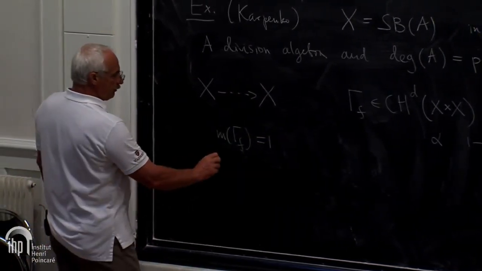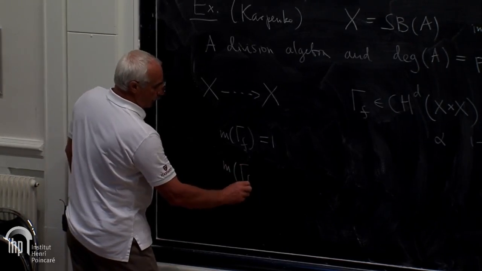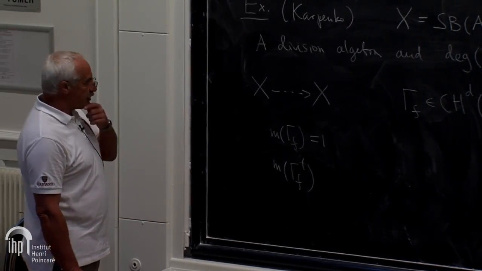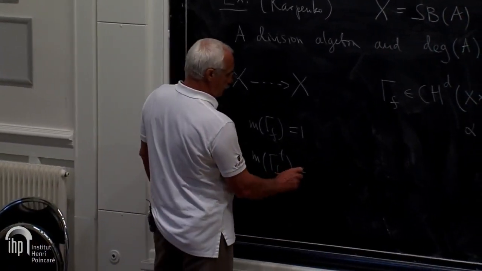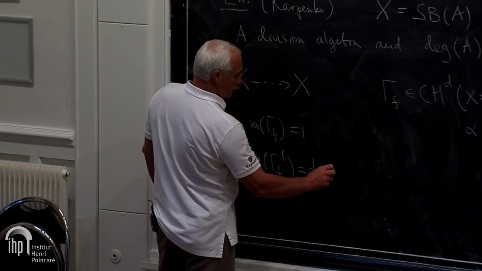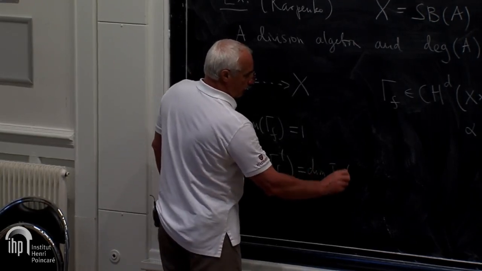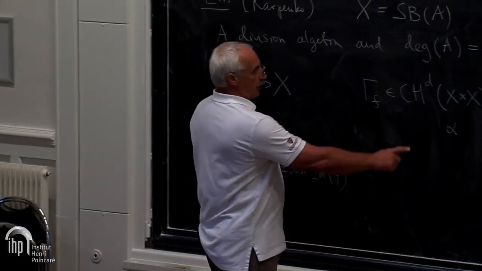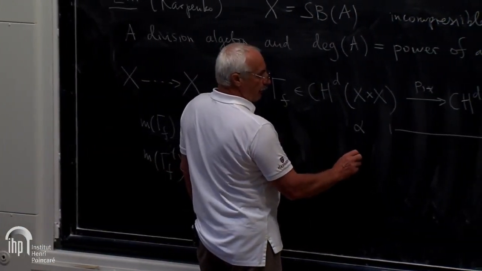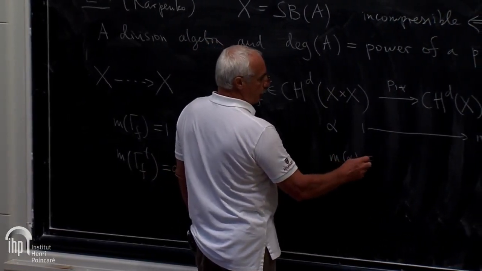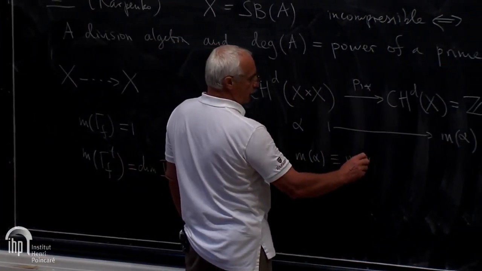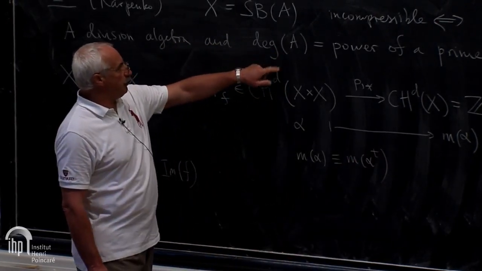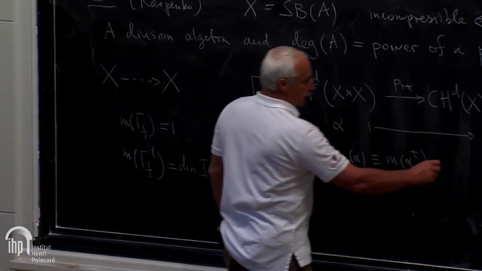But the multiplicity of the transpose of this graph, when you interchange the copies of X, is exactly the degree of the image of F. So Karpenko proves that for every cycle alpha, the multiplicity of alpha is congruent to the multiplicity of alpha transpose, under the conditions that the degree is a power of a prime p, and A is a division algebra modulo that prime p.